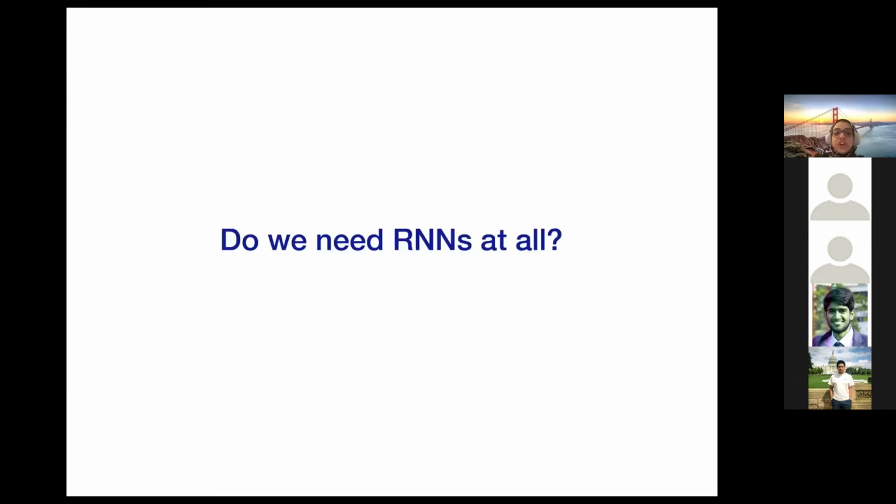Okay, so the question that was just asked: do we need RNNs at all? People started thinking, well, we have attention, which is cross attention from the encoder to the decoder, and we have self-attention. Why do we need RNNs? So they came up with a structure called the transformer that did not use RNNs, and basically it's just self-attention.